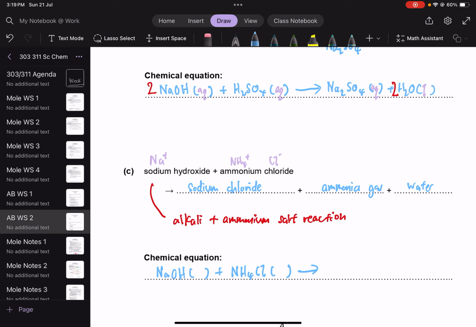And the salt form should be NaCl. Plus ammonia gas. Ammonia gas is NH3, okay? And plus your water.